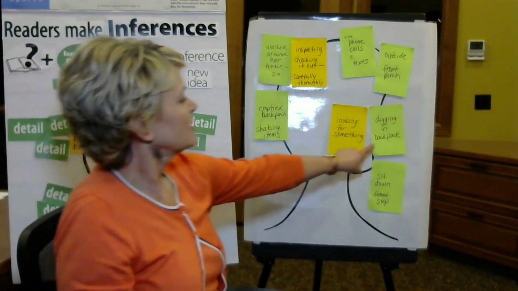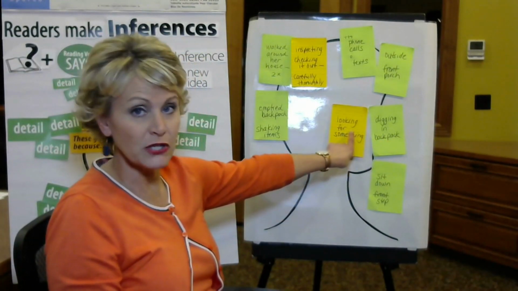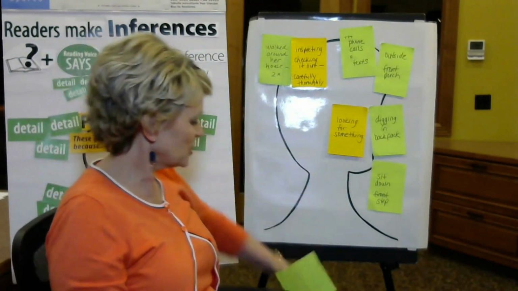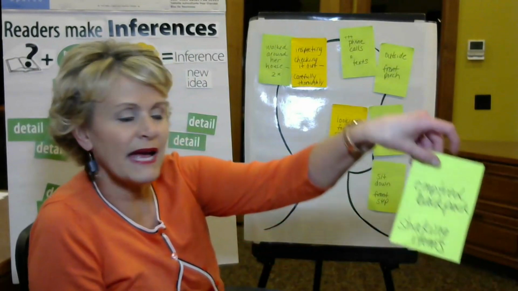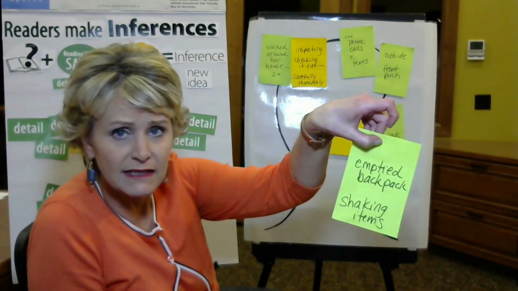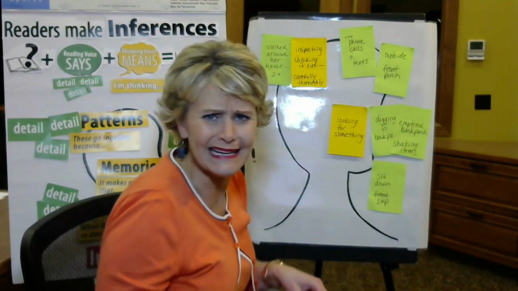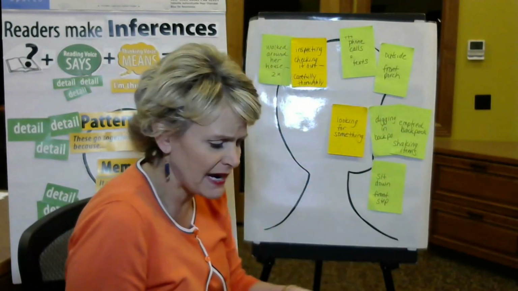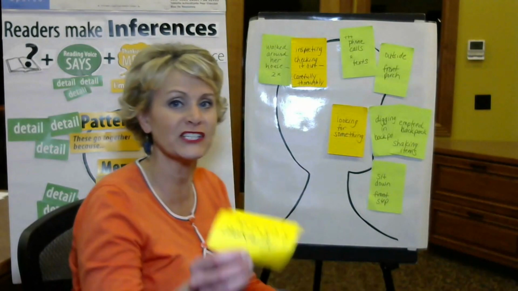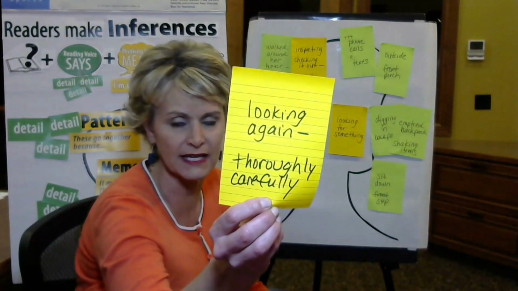Well, how about this? She dug in her backpack, so we know she's maybe looking for something. But she goes back to her backpack again. Now she empties it. Now she starts shaking everything. Well, she already looked in it. She already dug around. She's looking again. We're back to that careful, thorough checking.